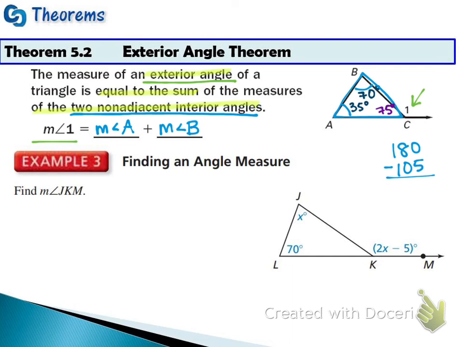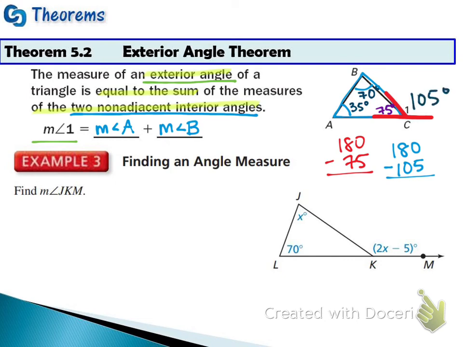Okay. What relationship does the interior angle have with the exterior angle? They're a linear pair, right? Which means that they are supplementary. So that means 180 minus 75, the outer angle, is 105.